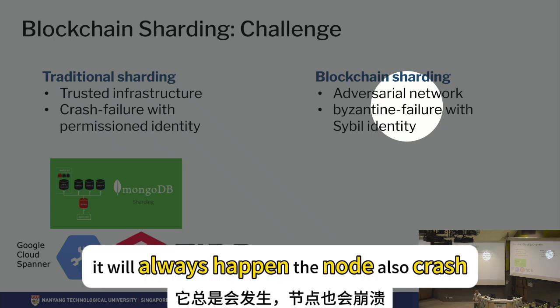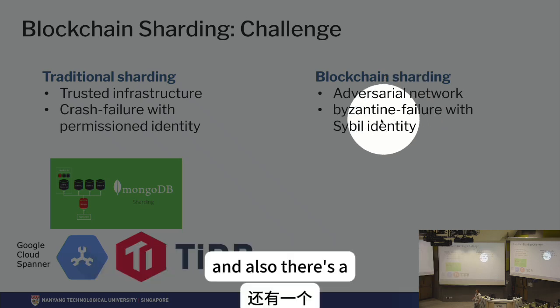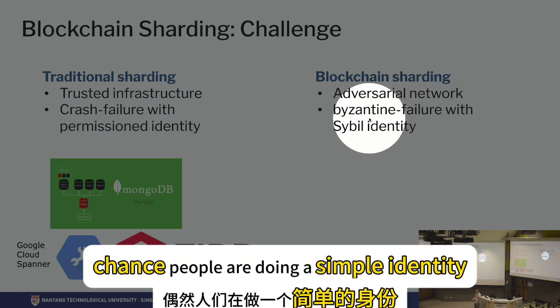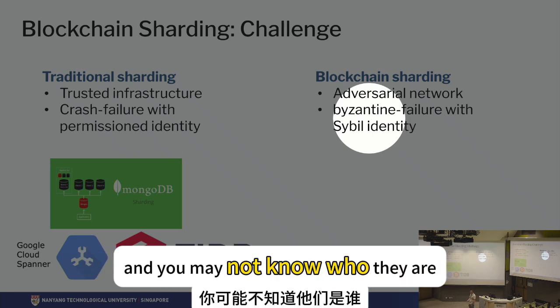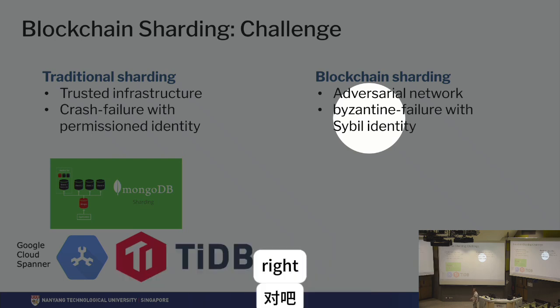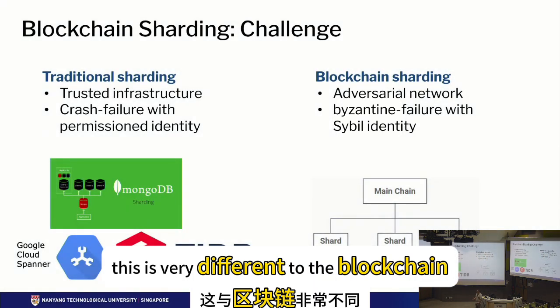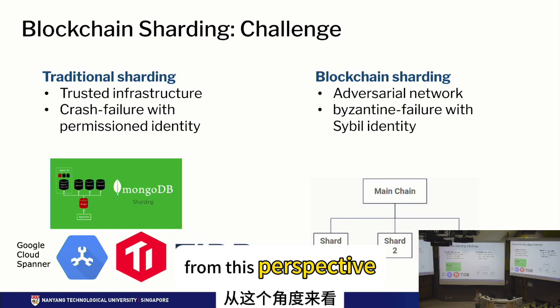It will always happen. The nodes also crash. And there's also a chance of Sybil attacks, a single person creating a million accounts, and you may not know who they are, right? This is very different for the blockchain from this perspective.